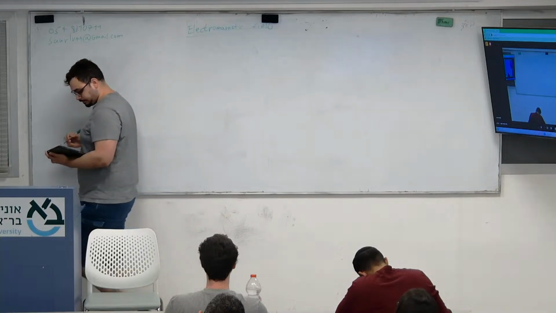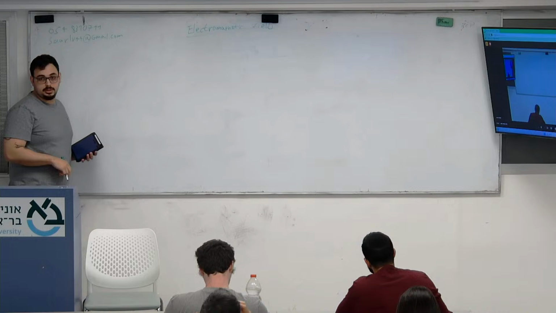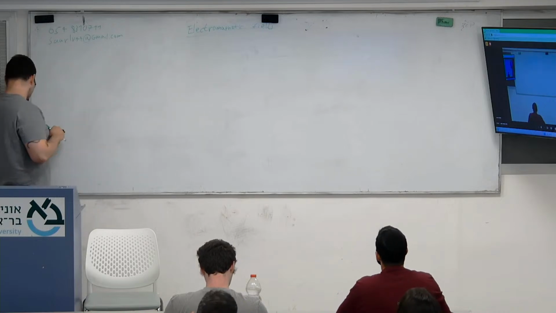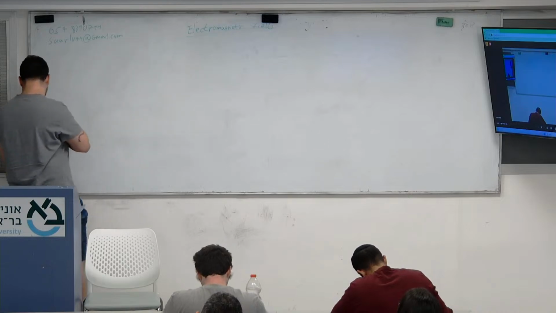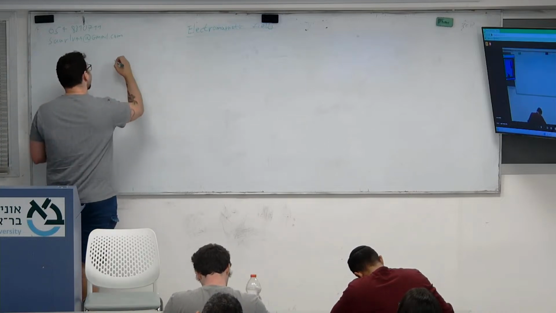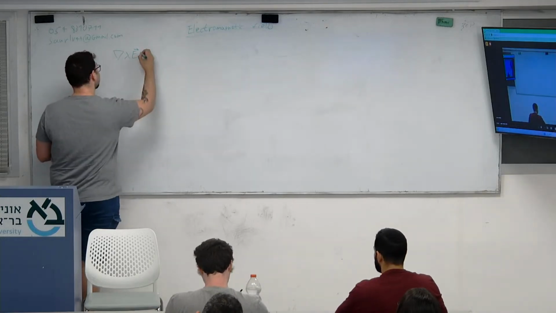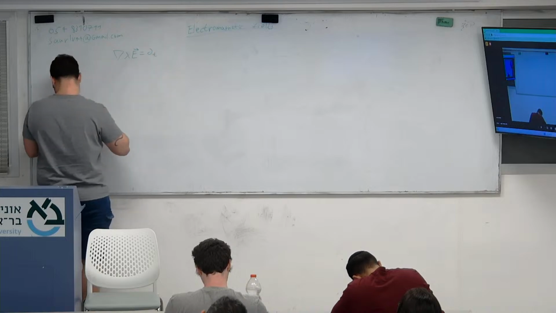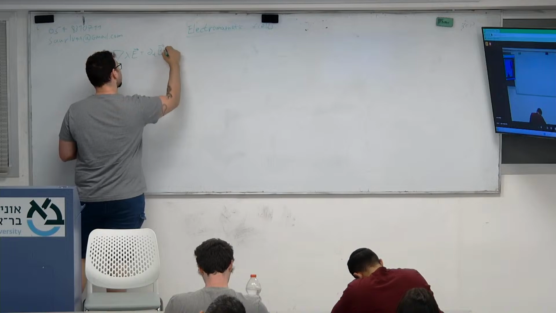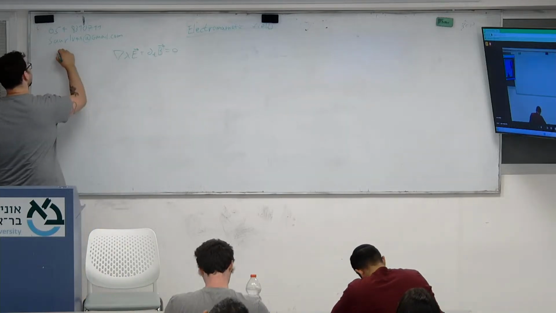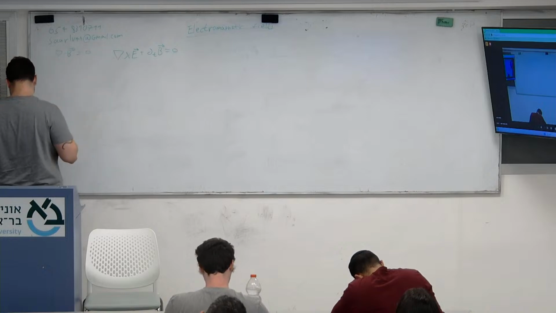Right. So in electromagnetic theory, I'll remind you of the four Maxwell equations. We have two homogeneous equations, which don't depend on the current or the charge, and the divergence of B is equal to 0.